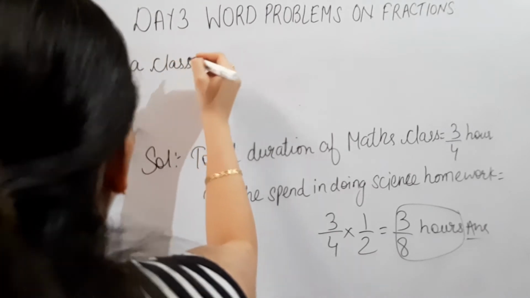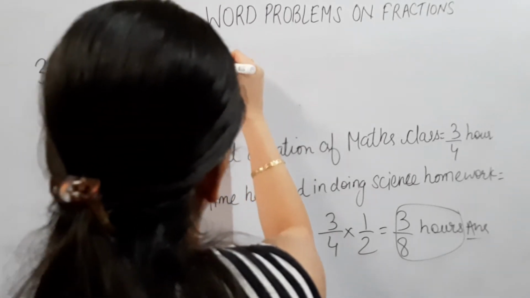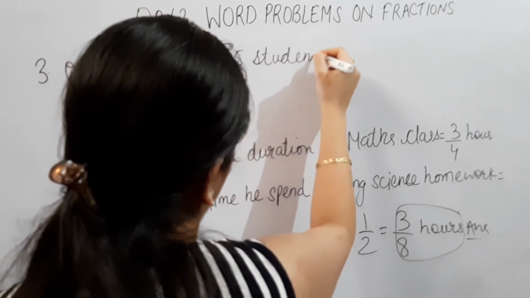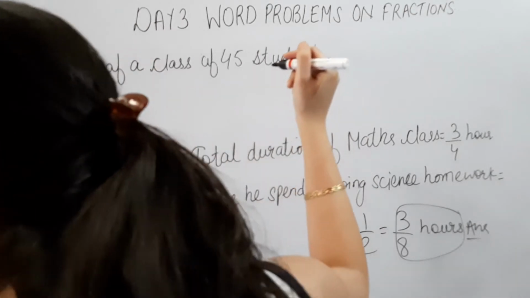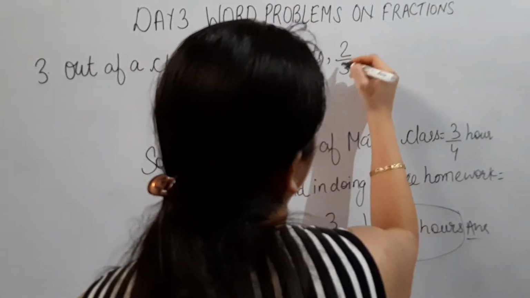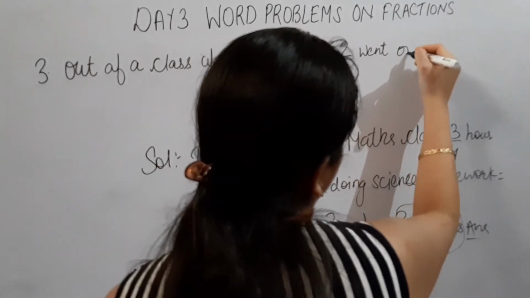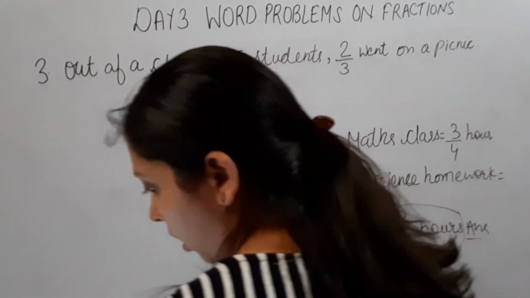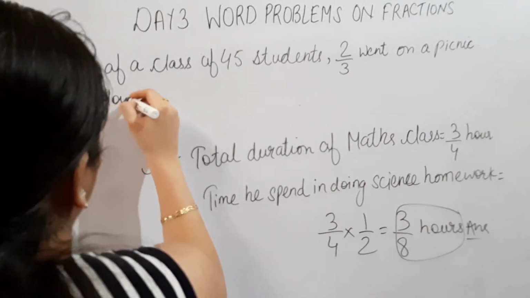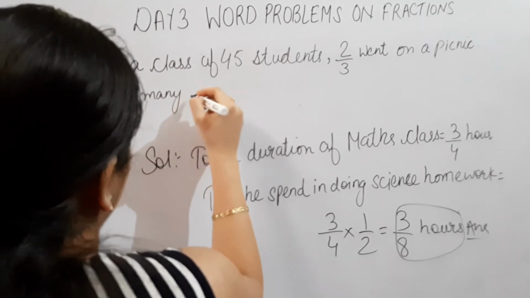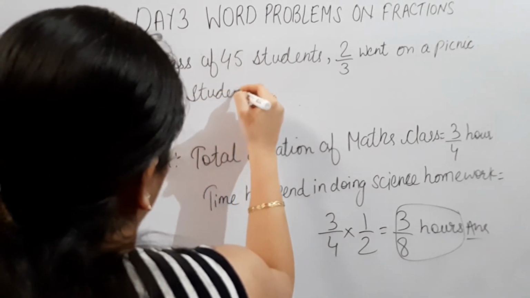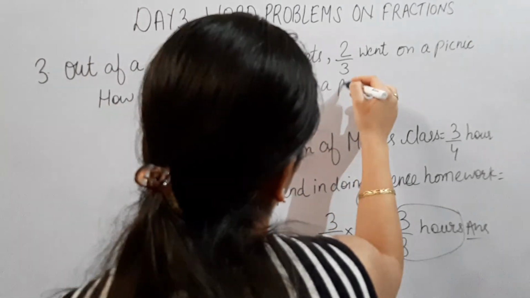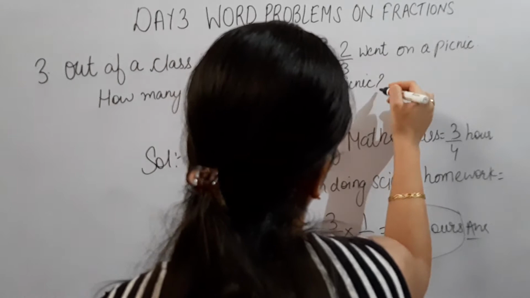Out of a class of 45 students, 2 by 3 went on a picnic. So how many students went on a picnic?